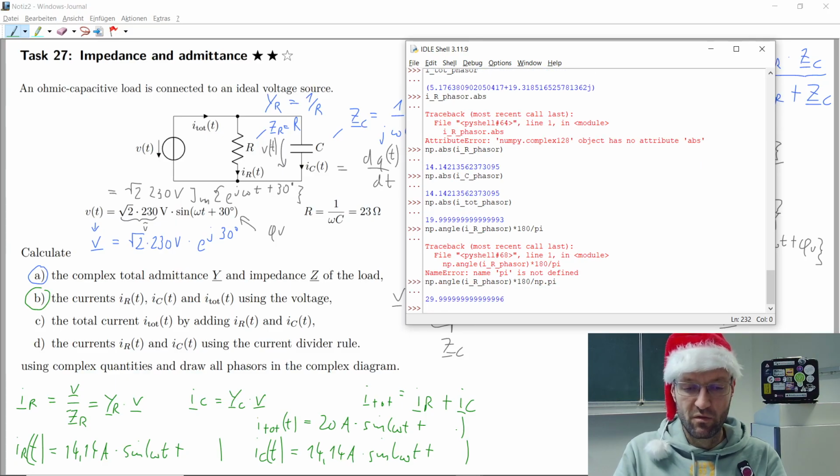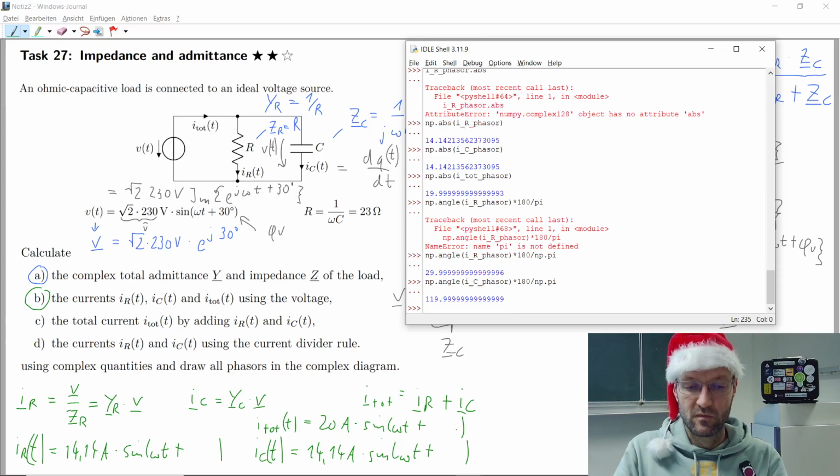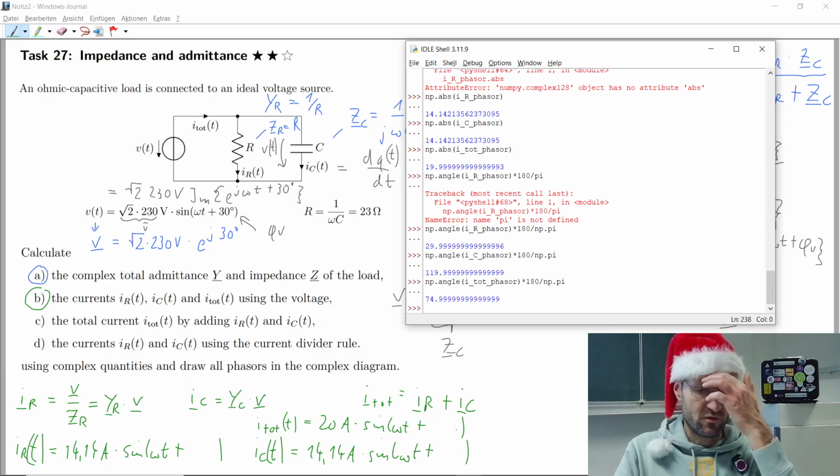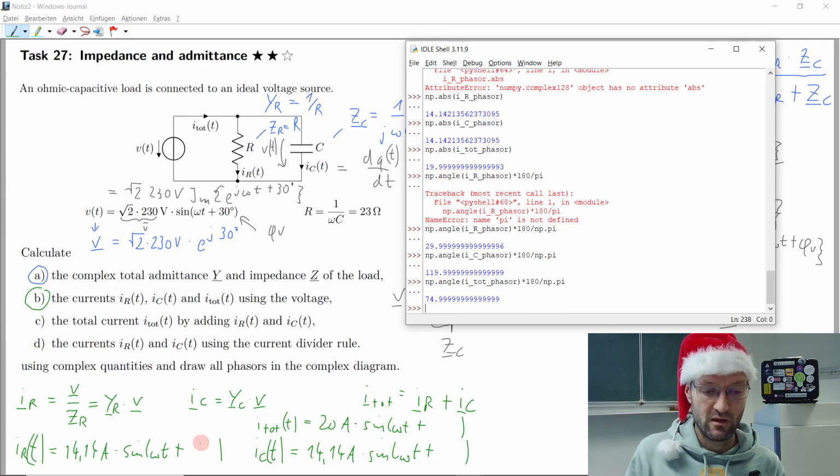So there we get 30 degree for the first current, then we get 120 degree for the second current, and we get 75 degree, I would guess so, for the last current. And then, yeah, this is the result that we get.